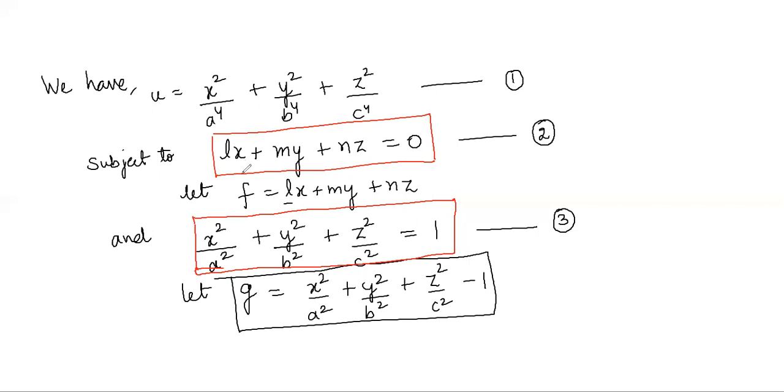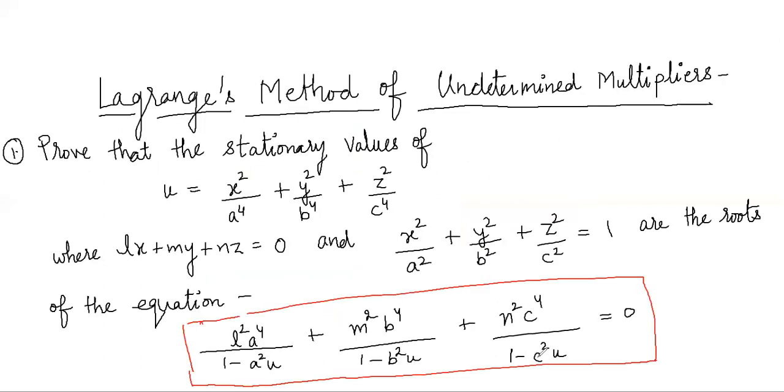So just multiply x, y and z with l, m and n, and then consider their sum. It will be lx plus my plus nz, and using this result, this first condition, we will be able to eliminate lambda, and in doing this we will be obtaining this equation, which is our required equation. So let us do this.